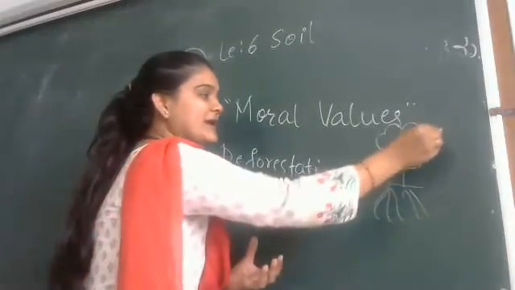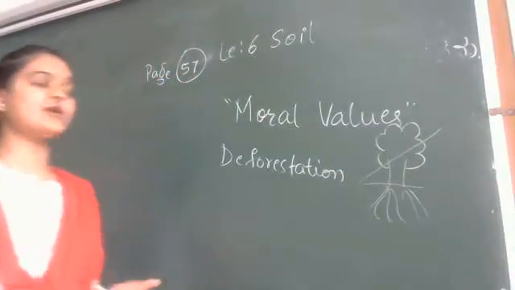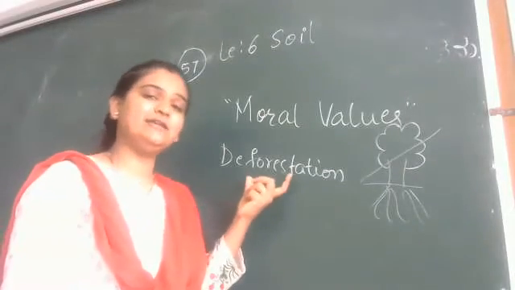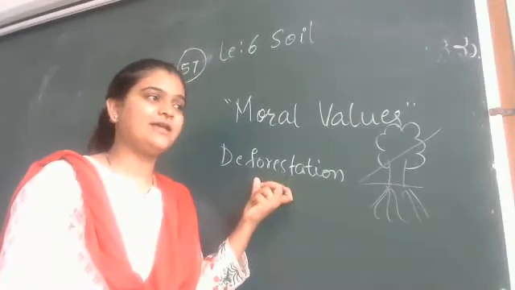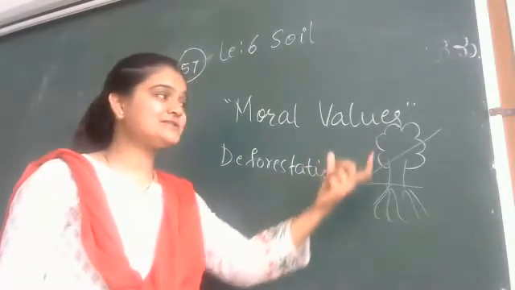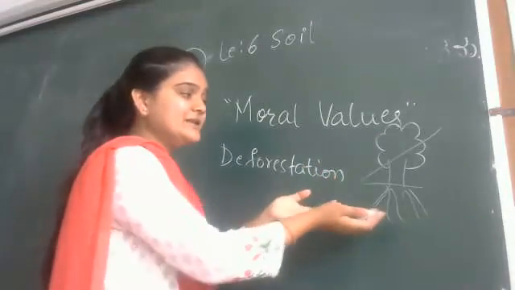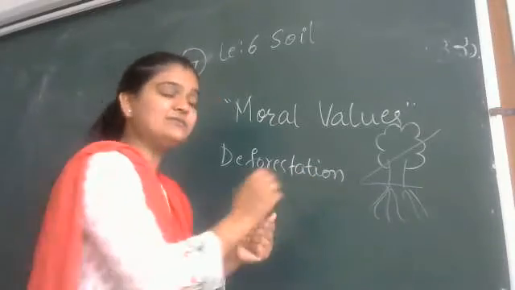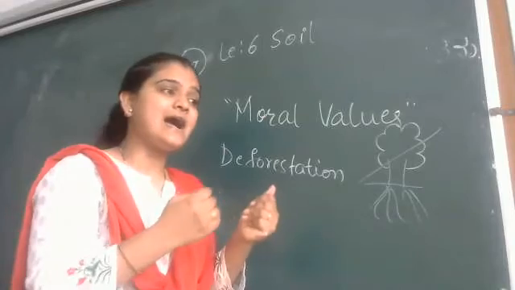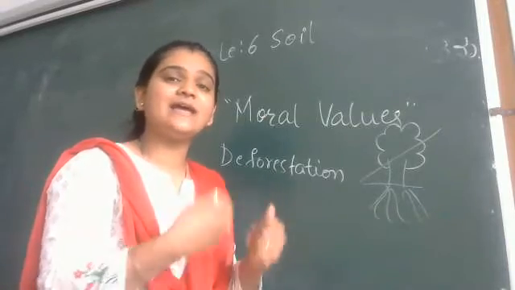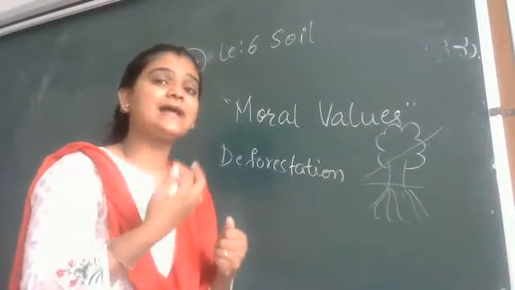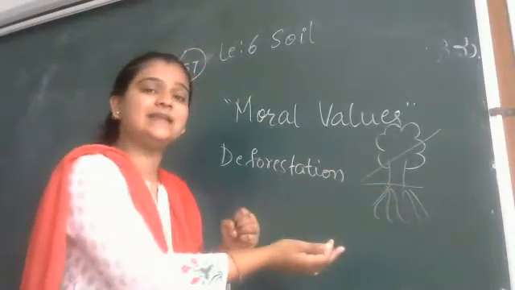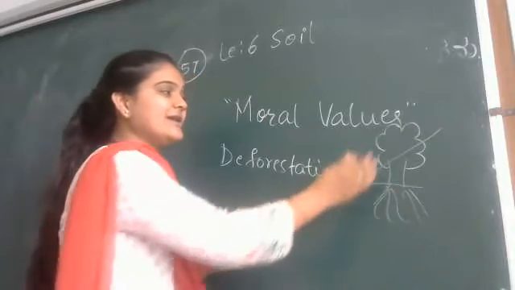If we cut down the tree, what is it known as? Deforestation. In case of deforestation, the roots will become completely loosened, and it will tell the soil, I am not with you henceforth. I can't hold you tightly because I am no more a tree now.